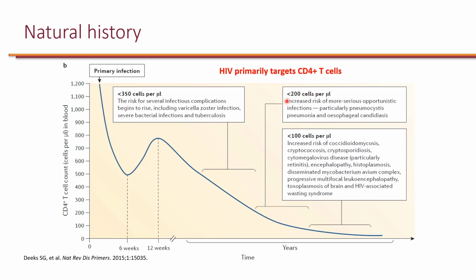Once you hit the 200 mark, if the CD4 is less than 200, that's when the risk of opportunistic infections becomes real. This is when you get pneumocystis pneumonia, esophageal candidiasis, and then as the CD4 goes even lower, less than 100, the number of opportunistic infections goes up. You start to have more incidence of cocci, crypto, as well as toxoplasmosis and Mycobacterium avium complex.